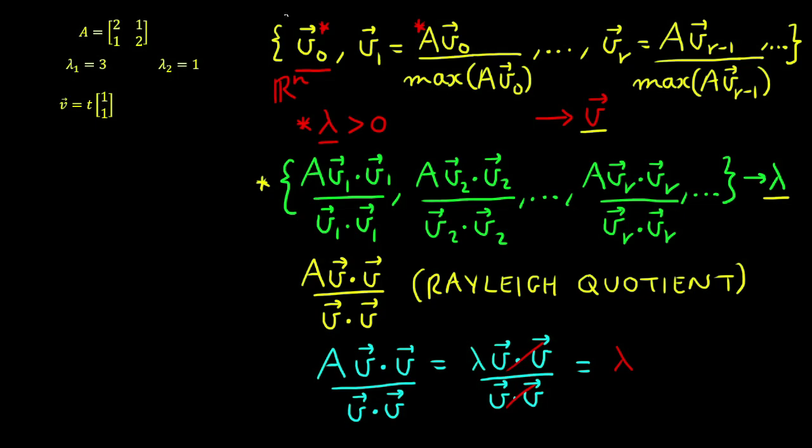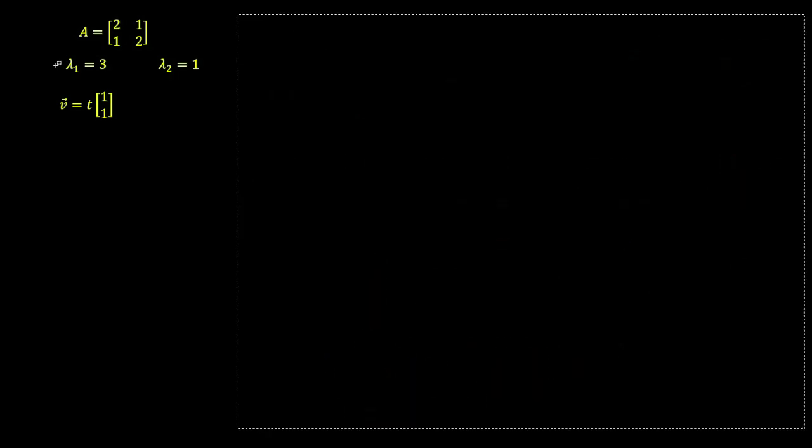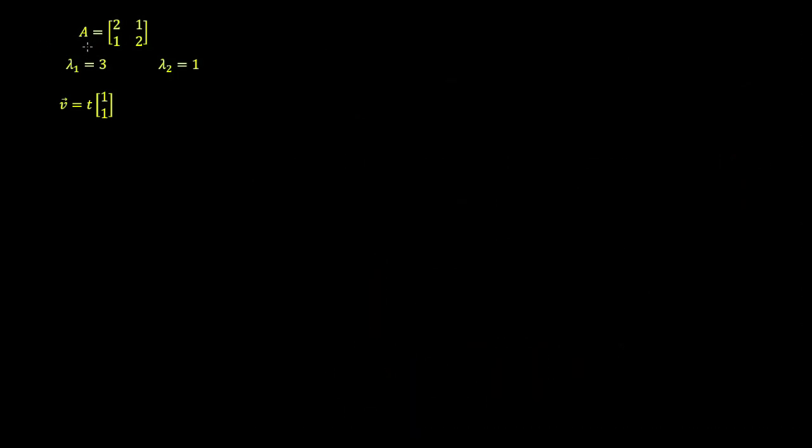And now we'll apply the power method with maximum entry scaling to an example. So let me just get rid of this. So again, we've calculated the eigenvalues for our symmetric matrix and found the dominant eigenvalue and a general solution representing the eigenspace corresponding to the dominant eigenvalue.